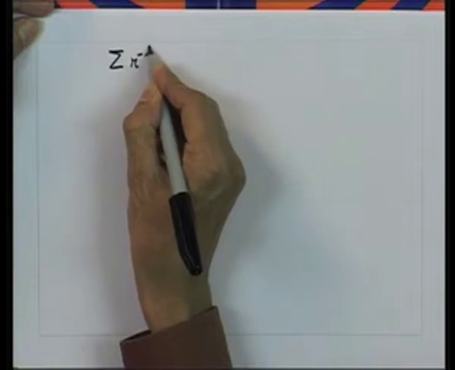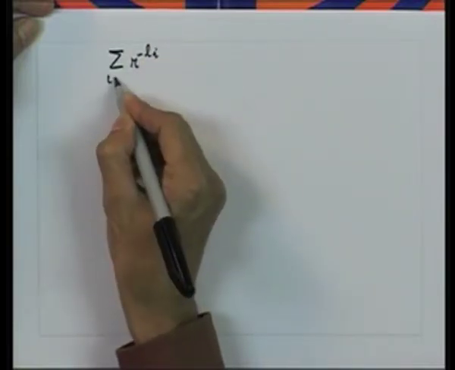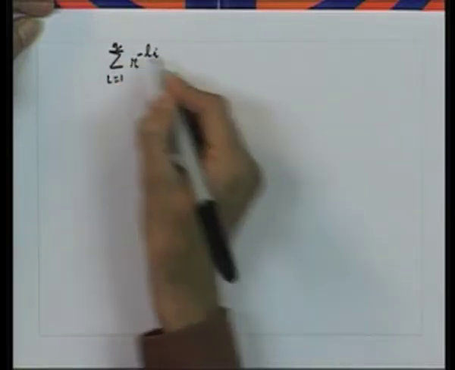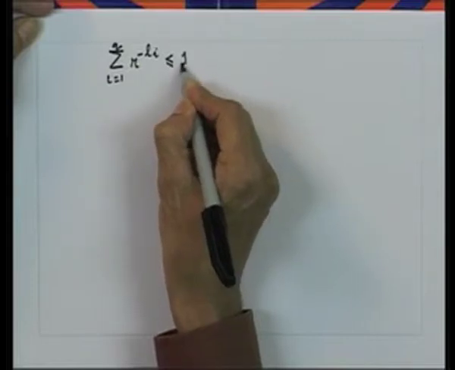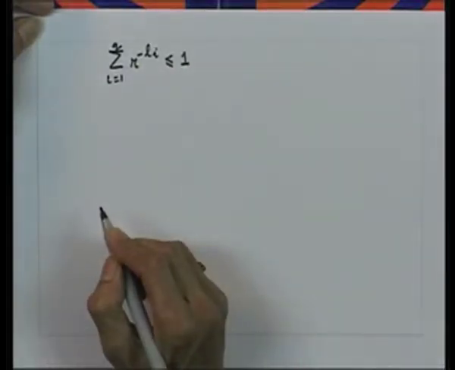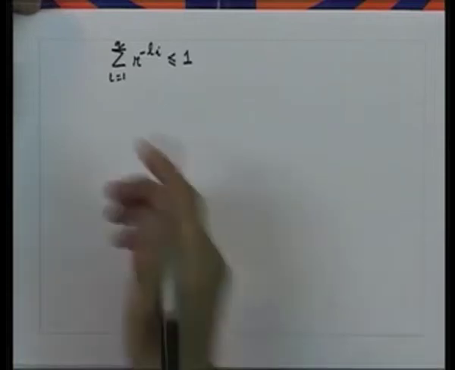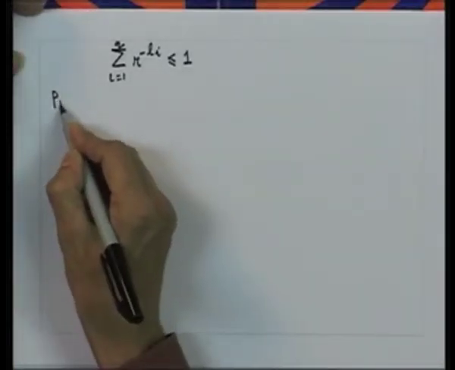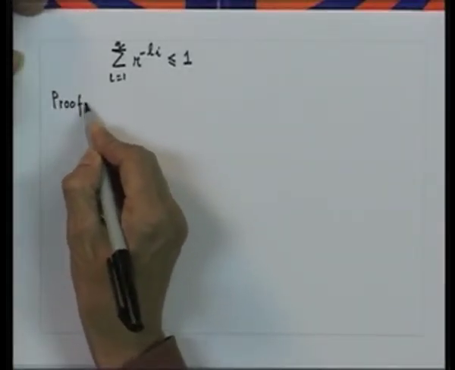If we assume that a code is uniquely decodable, then what I have to prove is that this is true. Okay. So, the proof follows as follows.